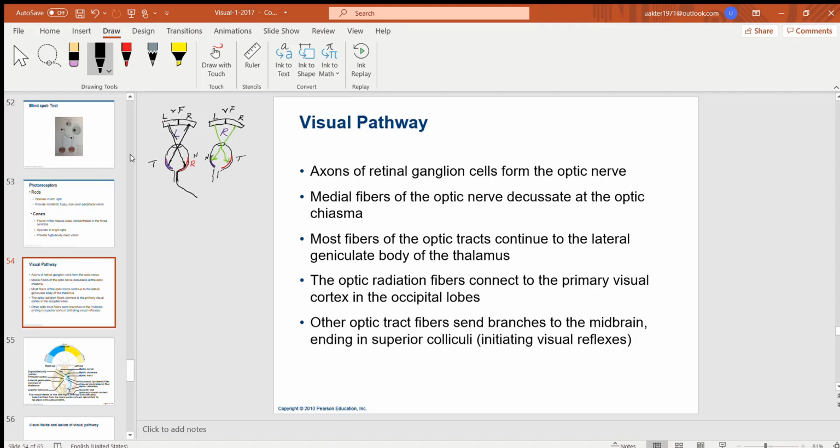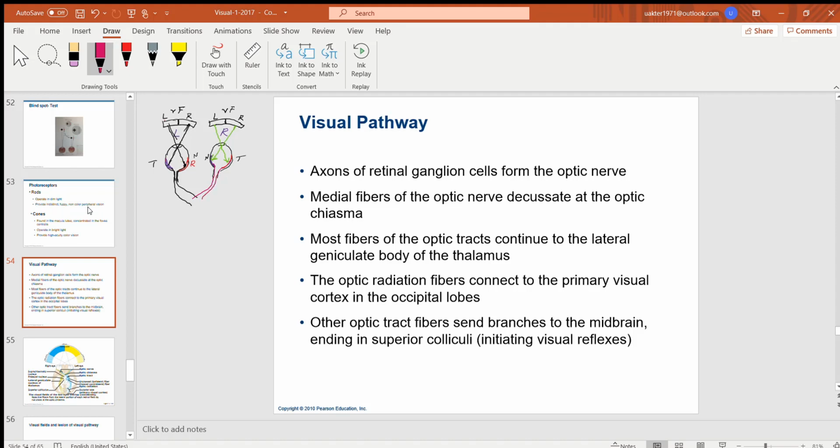Okay, however, from the temporal side of the retina, the signal will stay in the same side. Okay, same thing here. Let me use a different color, that would be helpful. Okay, so let's say from the nasal retina of right eye will go to the opposite side, and from this temporal side will stay in the same side.